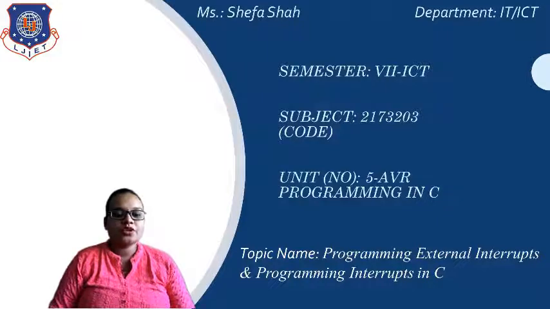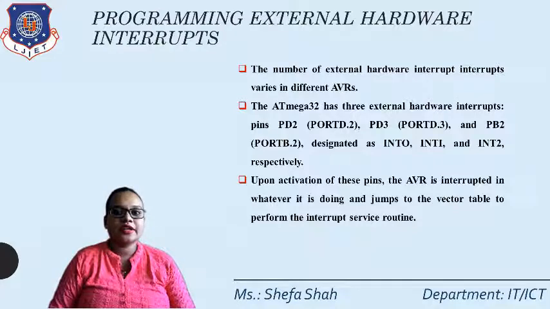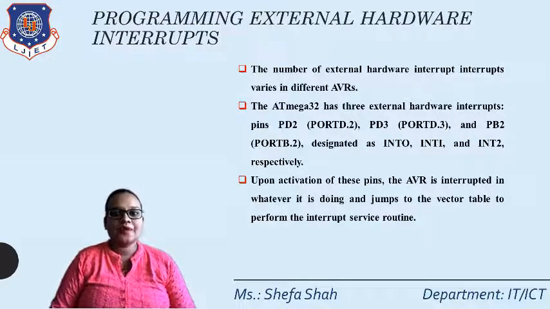So first, when we talk about external interrupts, what are they? There are a total of three interrupts: INT0, INT1 and INT2. INT0, that is external interrupt 0, is on PD2, that is port D second bit. That is the alternative function of the input output port, port D. Then INT1 is on PD3, that is port D third bit, and INT2 is on PB2, that is port B second bit.